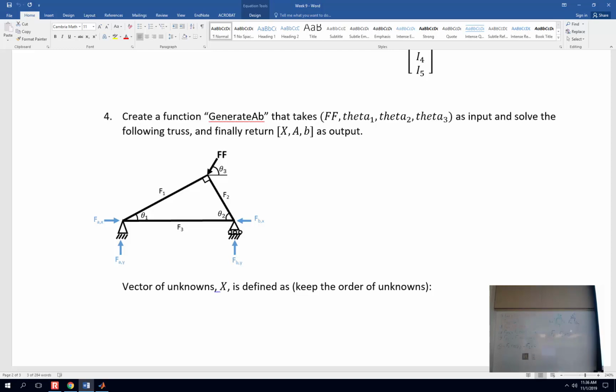X is basically A backslash B. You can create A from here, you can create B from here, and you can solve that truss. So basically we have a function that we can give any theta values, any force, and it will solve this truss for us and give us the forces, internal and external.